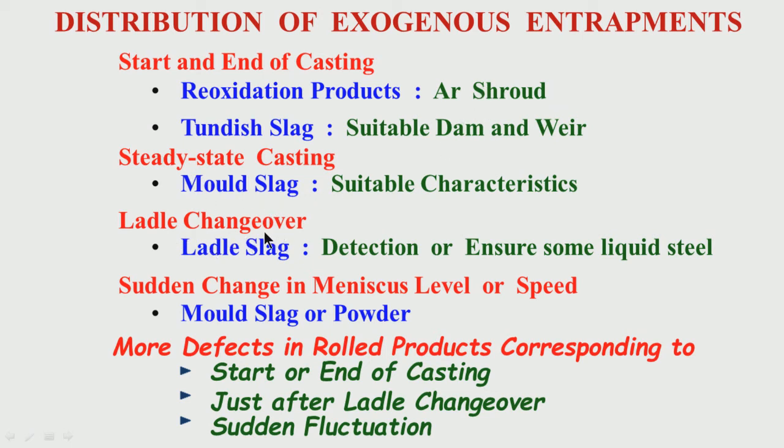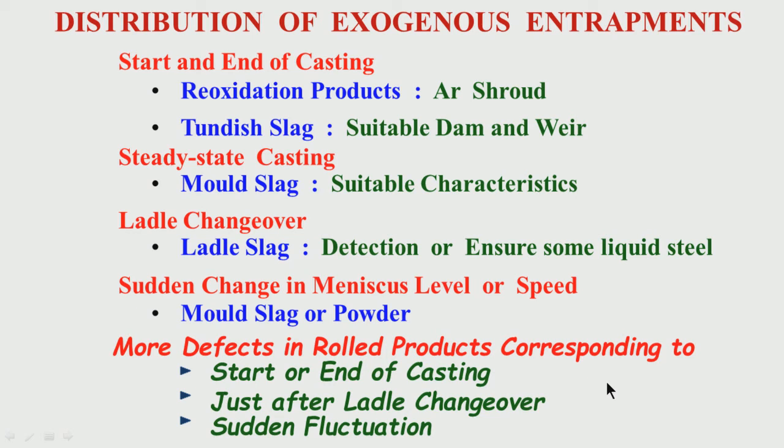Ladle changeover is again a non-steady situation, and you can get sudden changes in meniscus level or speed. So, whenever there is a non-steady state of casting, there is a possibility of more defects. This is with respect to the length of the cast product. At certain locations along the length you have more defects.